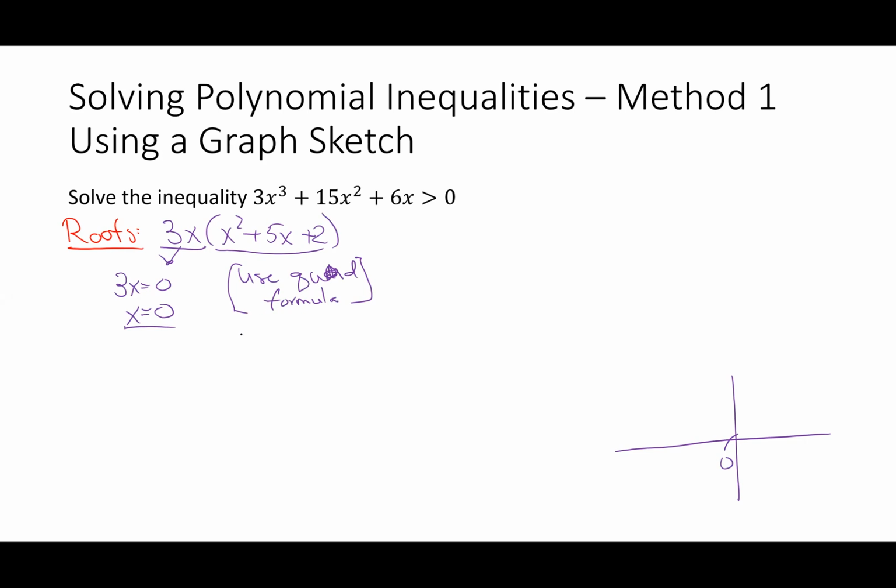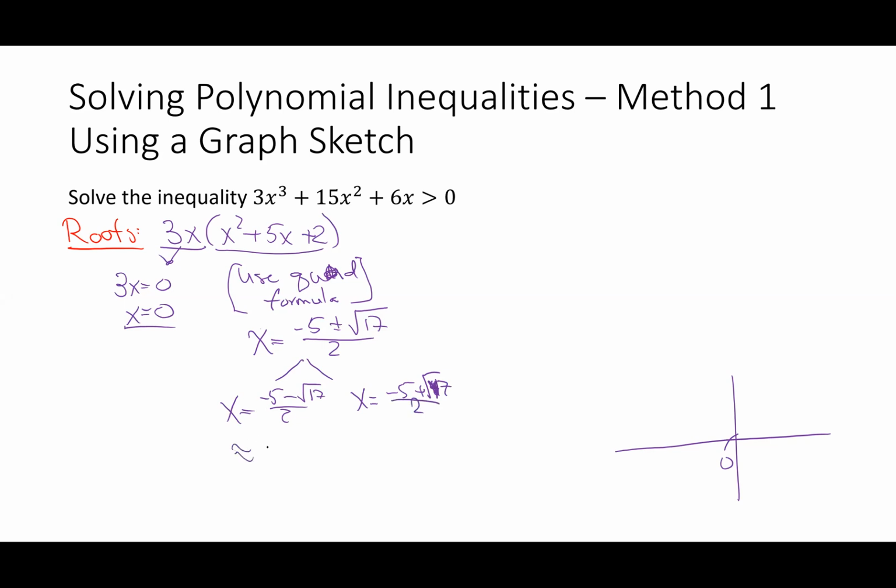Okay, if you used it correctly, what you should have gotten was -5 plus or minus the square root of 17, over 2, which means we're going to have two roots, one at -5 minus the square root of 17 over 2, and then -5 plus the square root of 17 over 2.